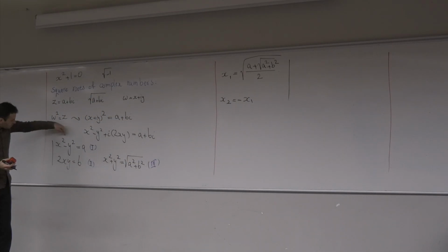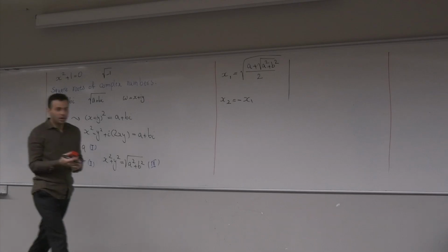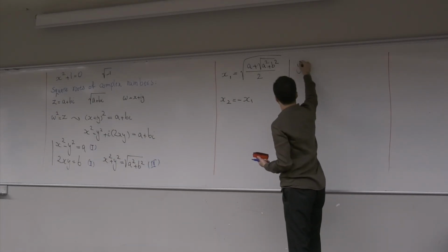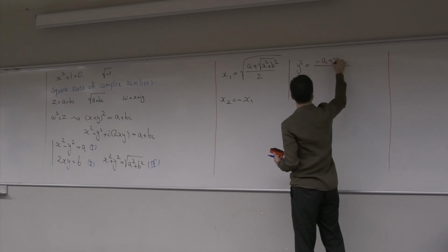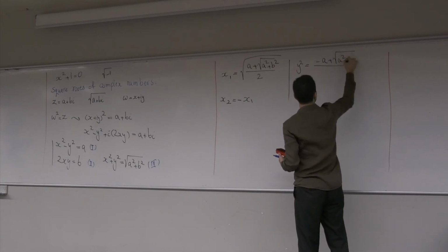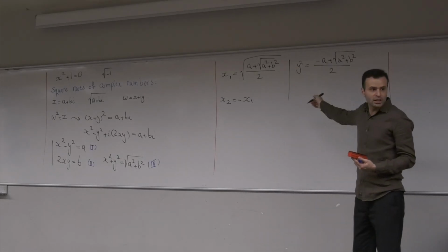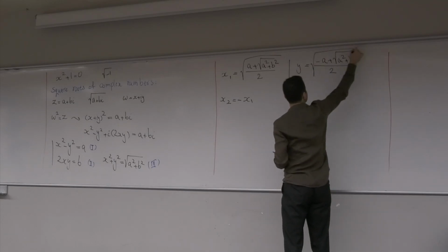If we multiply this one by a negative and add them together, then again the same story holds, right? And we have, again, y to the power of 2 is going to be minus a plus the square root of a to the power of 2 plus b to the power of 2, divided by 2. And from here, for y, I can get 2 values. One of them, which is this positive number.